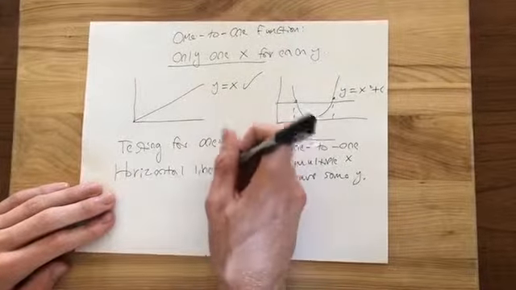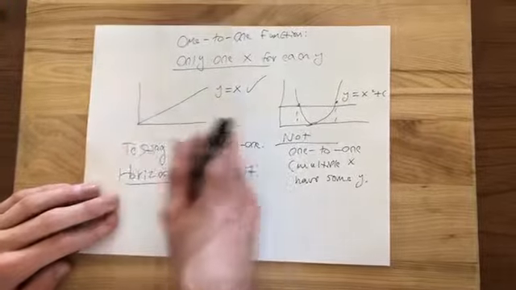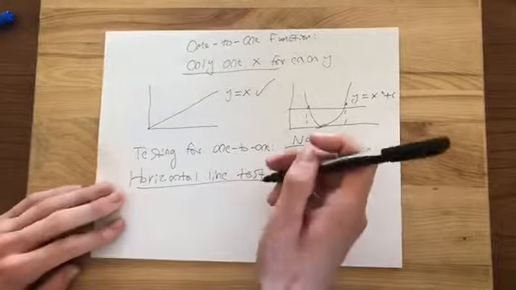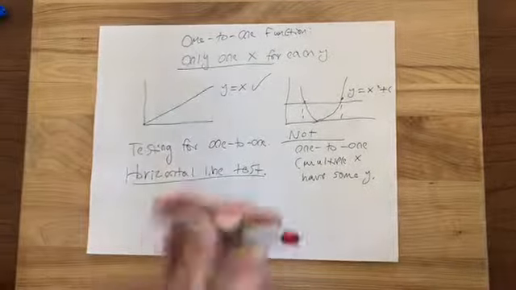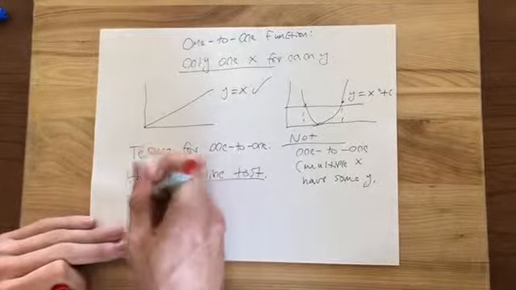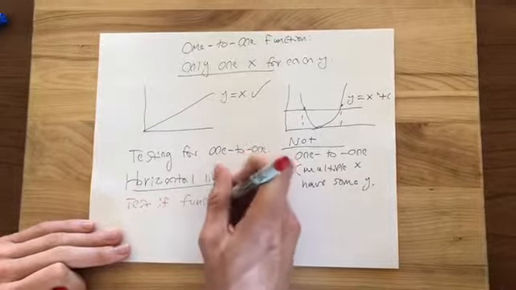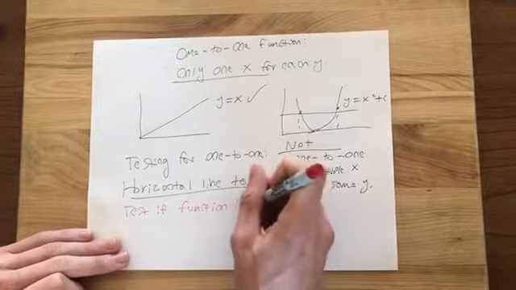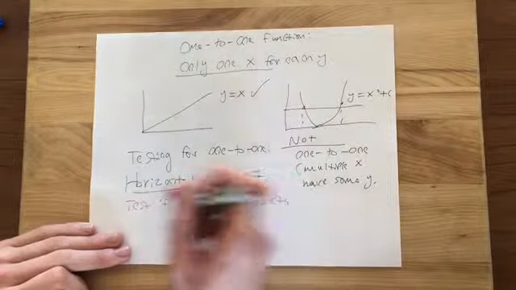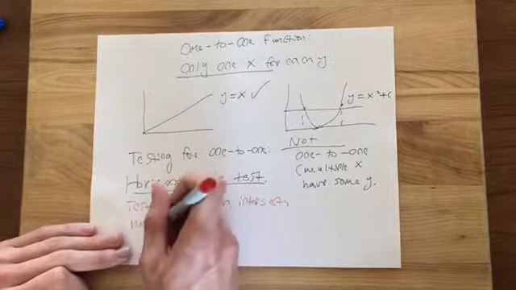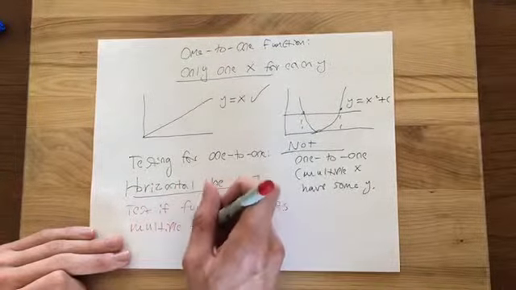And so why do we need to find whether or not a function is one-to-one? Well, it turns out that this is actually important to determine if a function has an inverse. We're going to talk about that in just a little bit.